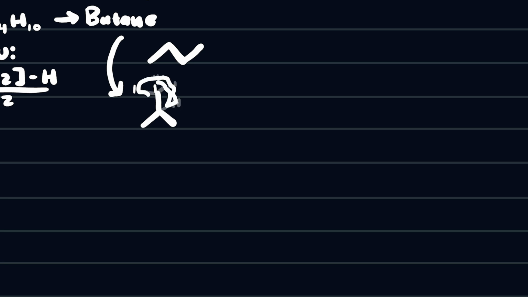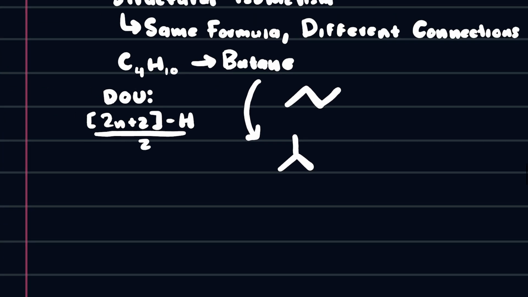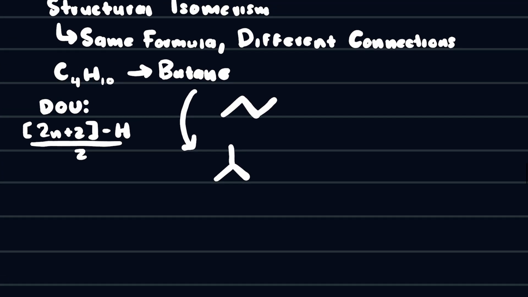So that's my method of doing isomers. I personally start off with the main chain, such as butane. Here we started with butane. And then I decrease the main parent chain by 1 carbon, and then I just try adding the extra carbons as substituents.